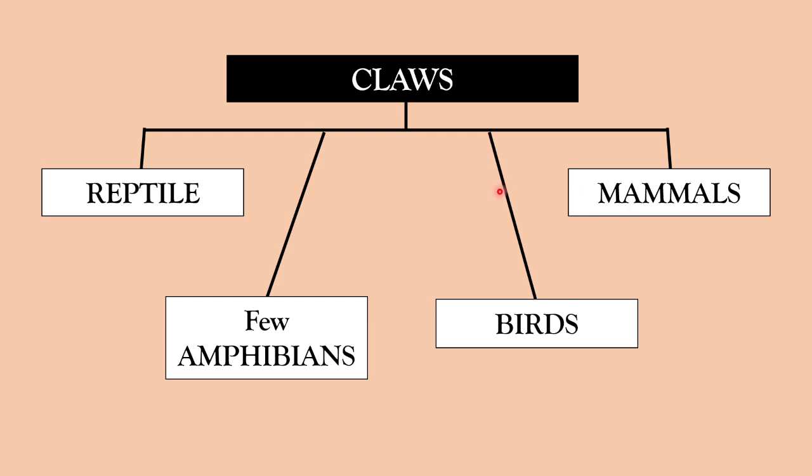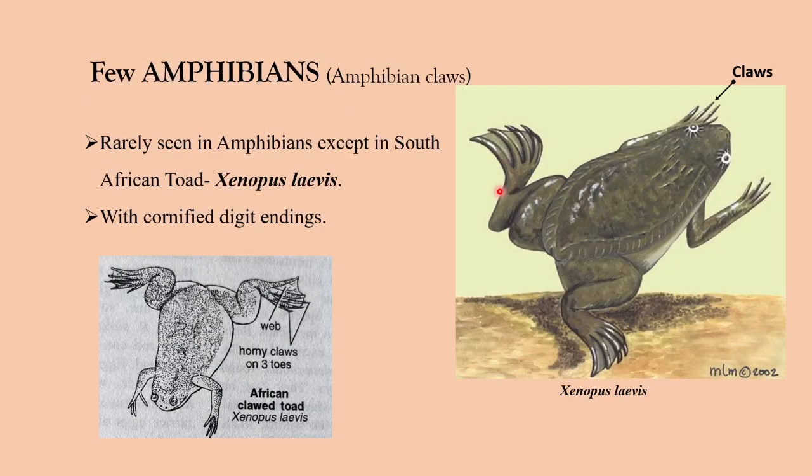Now let's see the claws in amphibians. This process is very rarely seen in amphibians. The only exception is the South African toad, Xenopus laevis, wherein we find some cornified endings in the digits of the toes.